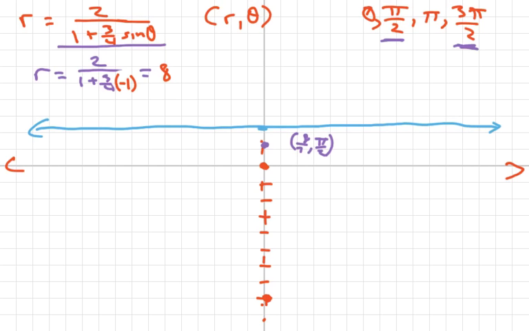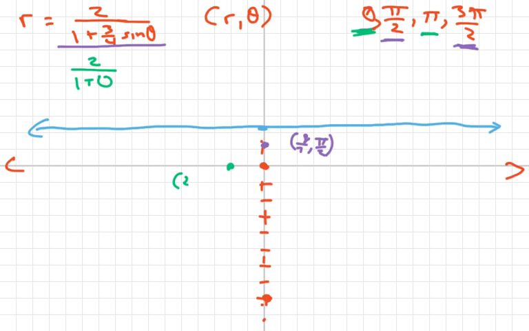Now to get the x part, I'm going to plug in 0. Sine of 0 and sine of pi is 0. So when you plug in 0, you get 2 over 1 plus 3/4 times 0, which is just 0. So it's just 2. So at pi, we're going over 2.